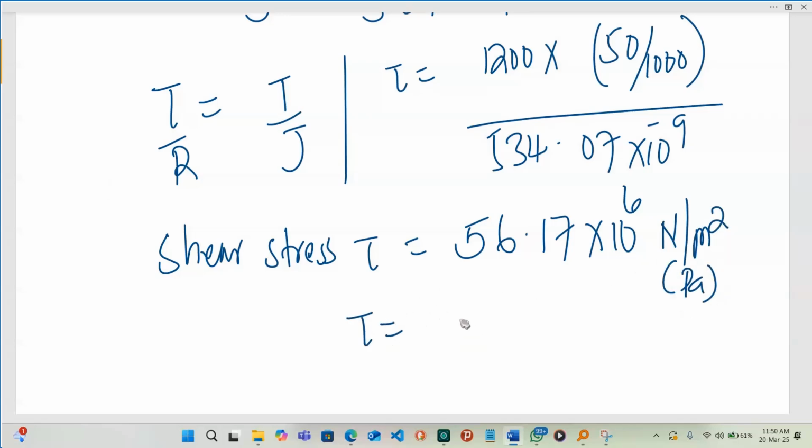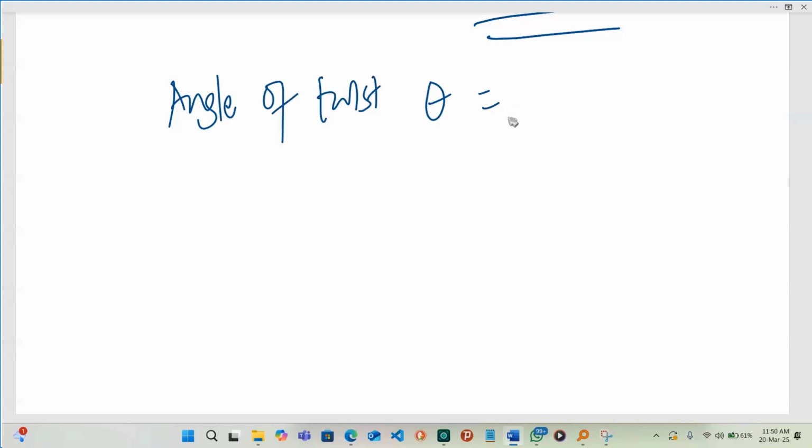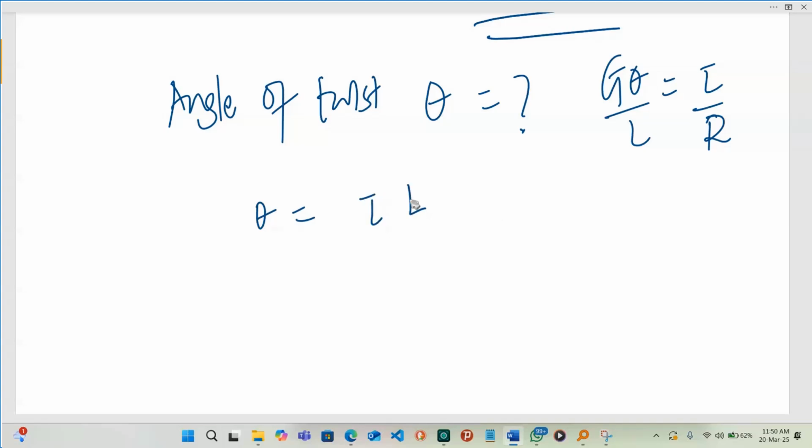Another way is to say tau is 56.17 megapascals. Then the angle of twist. We said G theta out of L is equal to tau out of R. So theta will equal tau times L divided by G times R. Tau we have already seen as 56.17 times 10 to the power 6.